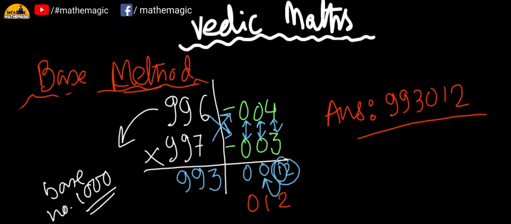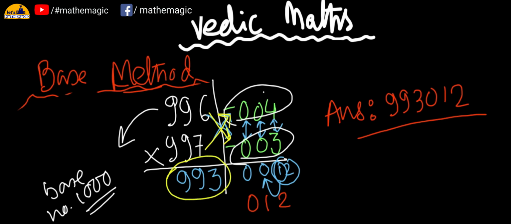It will be minus 004 for the first one, and minus 003 for the second one. The similar process we did for the last few examples, we are going to do the same method. Cross subtract means 997 minus 004, or 996 minus 003. Both answers will be 993.